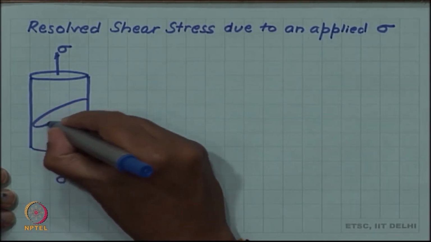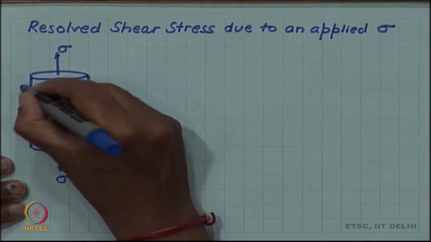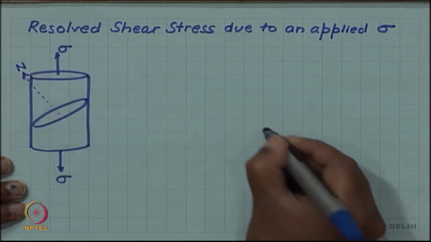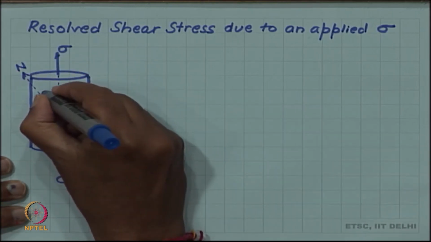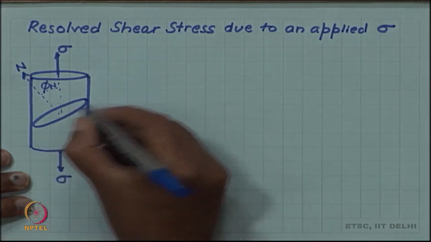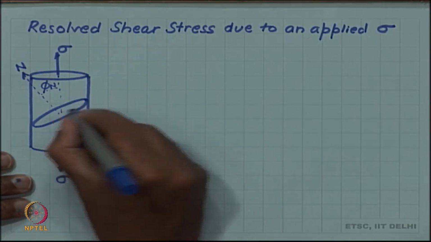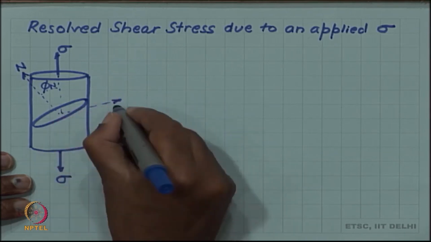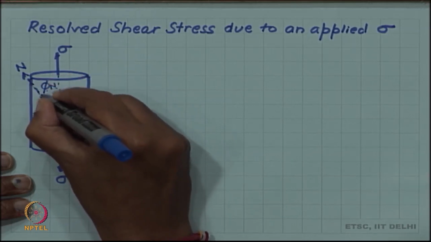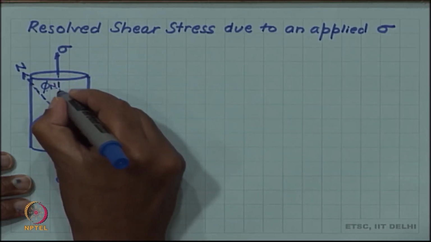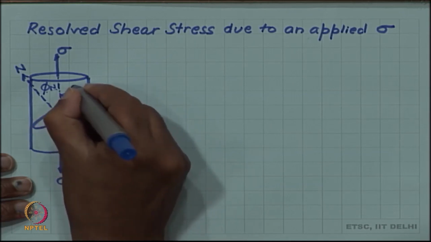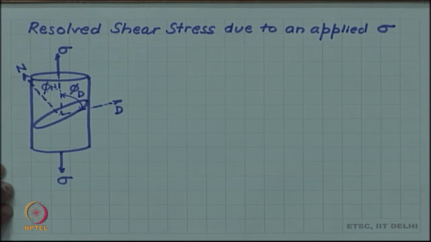I am including an inclined slip plane such that the normal to the slip plane, normal n to the slip plane, makes an angle phi n, and let us say d is the slip direction, and the tensile stress makes an angle phi d with the slip direction.